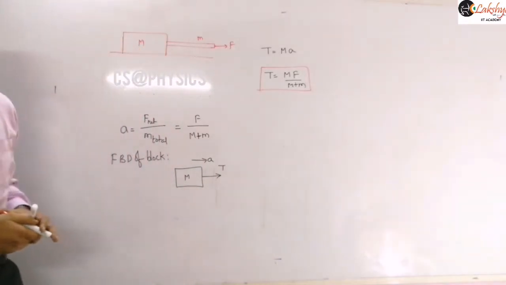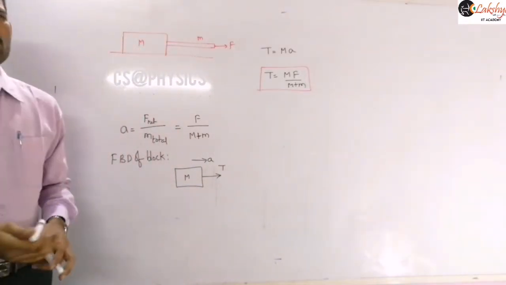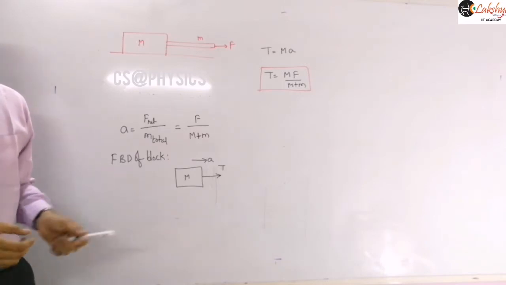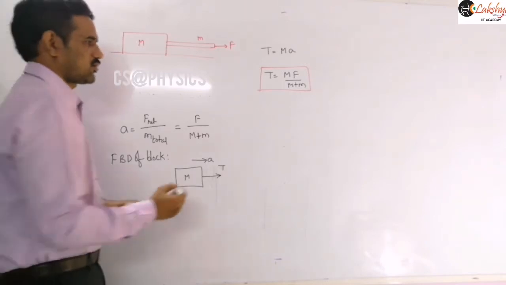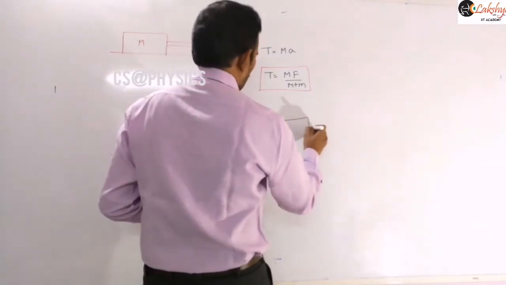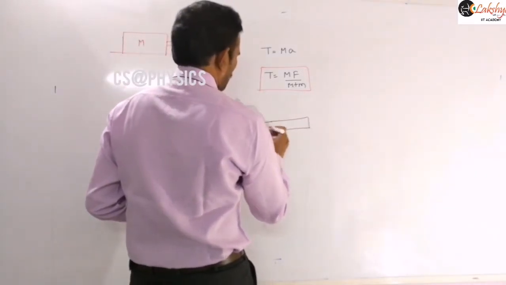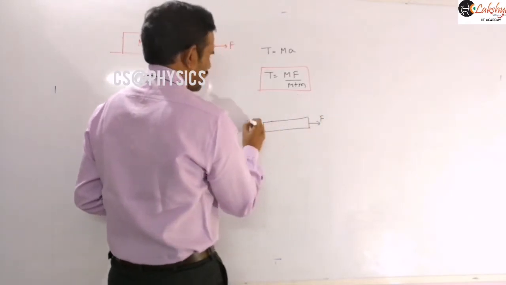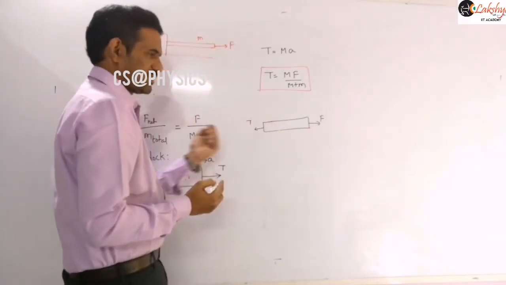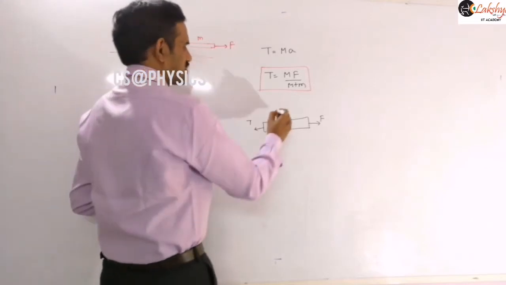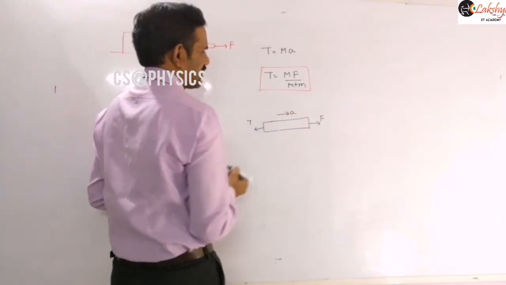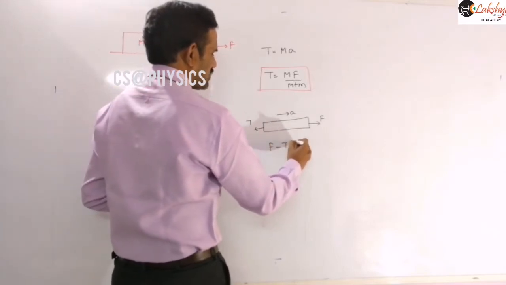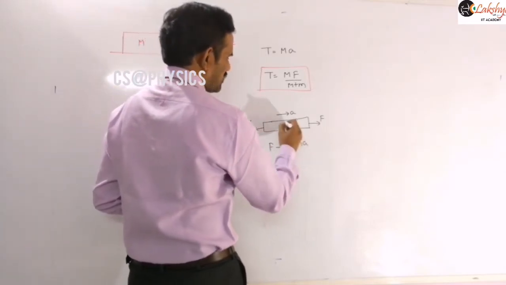You may also consider the free body diagram of the rope. There, force F is acting and tension T is acting in the backward direction as the reaction force, and the rope is accelerating. So the force equation is T minus F equals m into a, because its mass is small m.